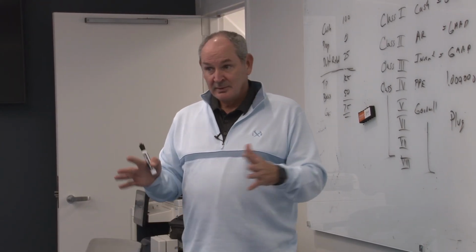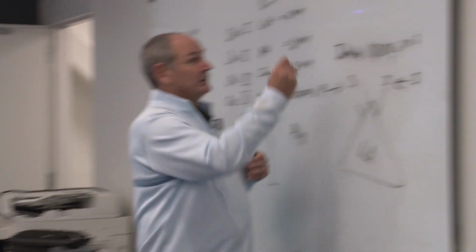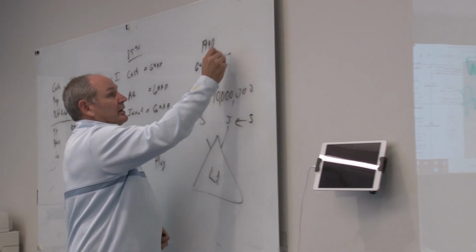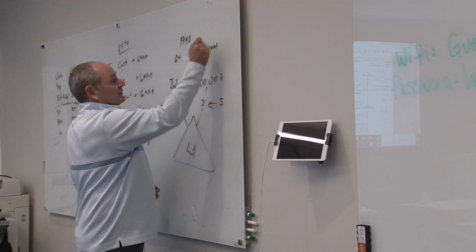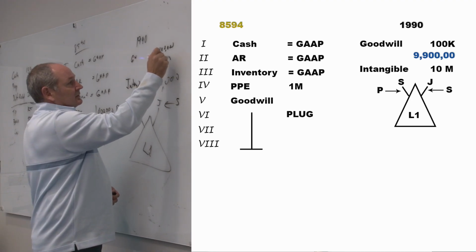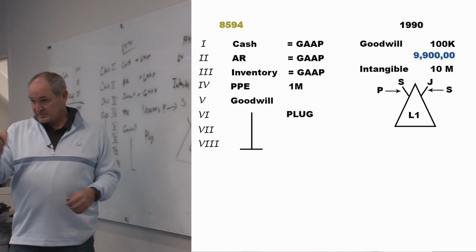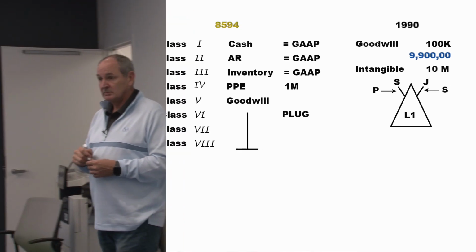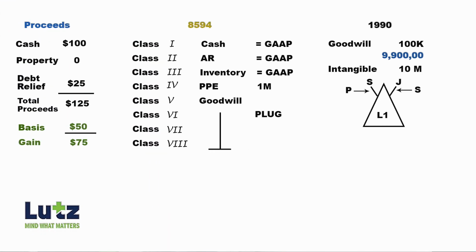So what we argued was, well, this goodwill is 100,000. Everything else falls into those items that would have been deductible pre-1990. That's what we tried to argue. The growth was in those other items, not in the goodwill.